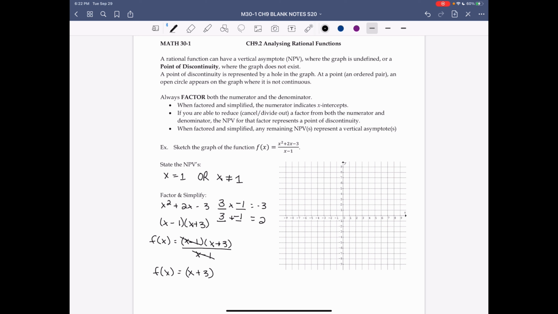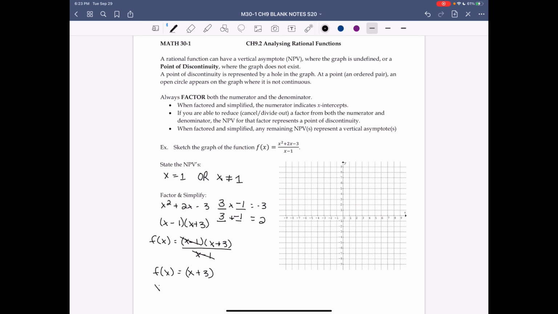As we said up here, if you're able to reduce, divide out a factor from both the numerator and the denominator, the NPV for that factor represents a point of discontinuity. So we were able to divide out x minus 1 from the top and bottom, which means the NPV for this factor, x minus 1, which is 1, our NPV of 1, represents a point of discontinuity.